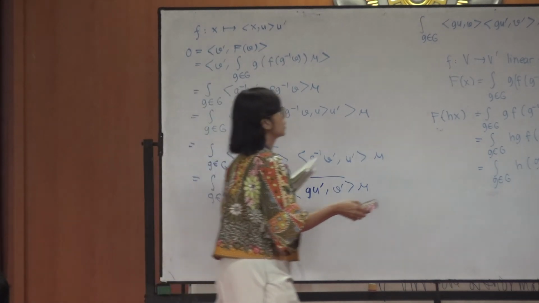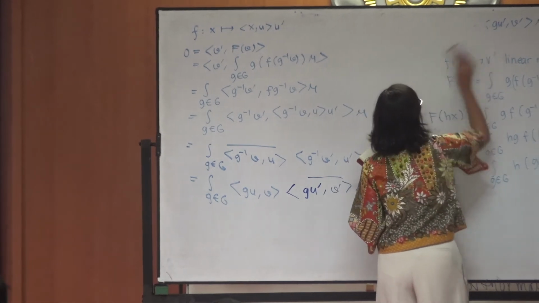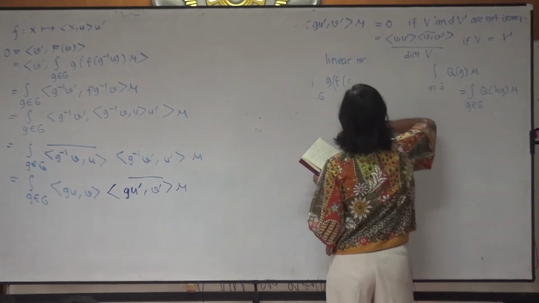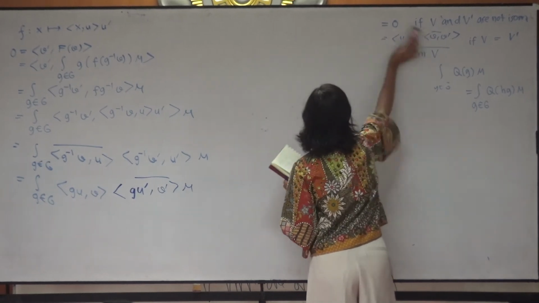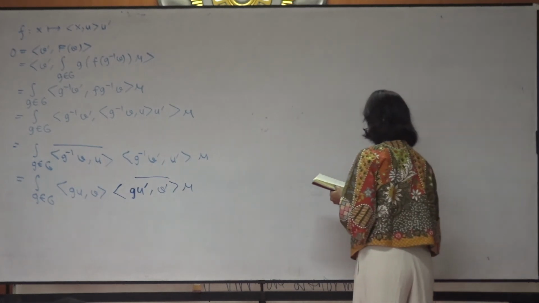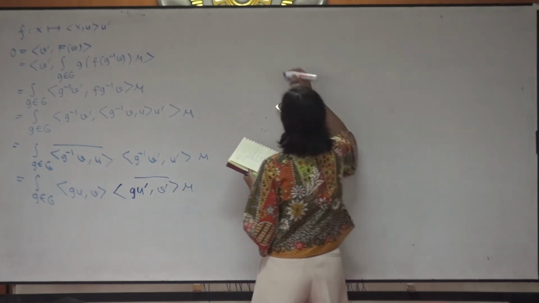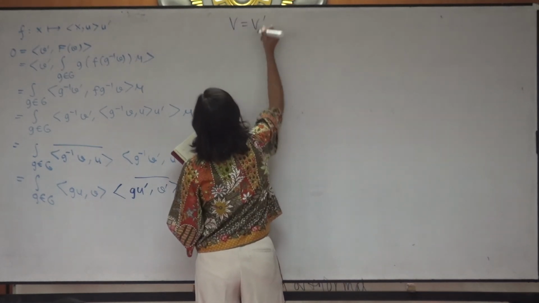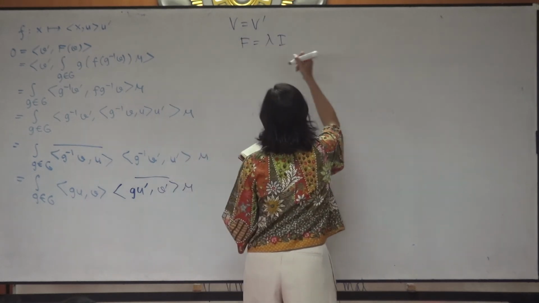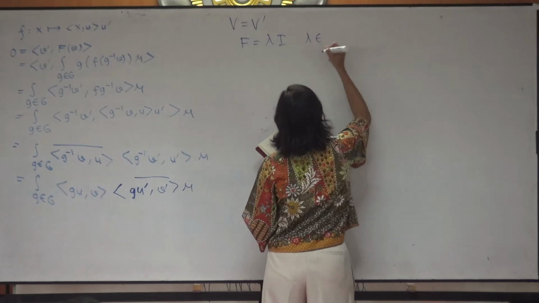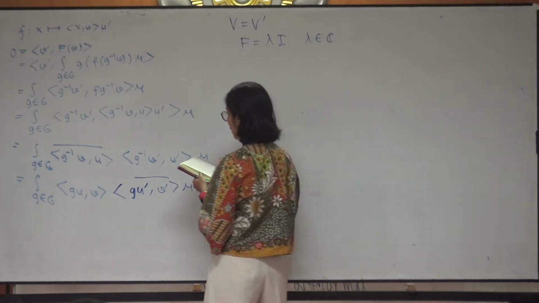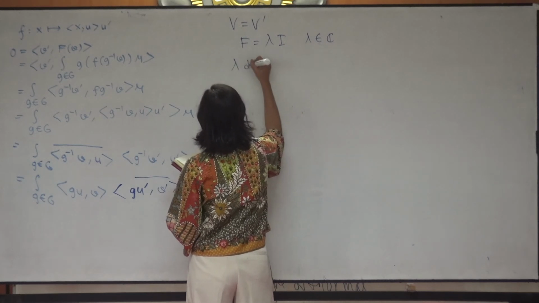And now if V equals V prime, then F will be lambda I, where lambda is the eigenvalue. So we can compute this.